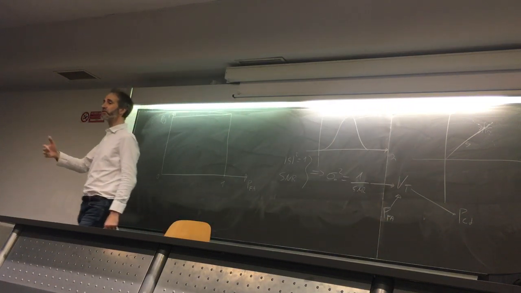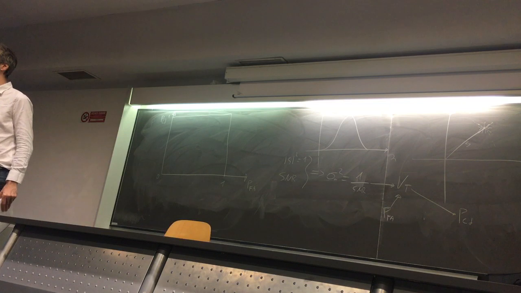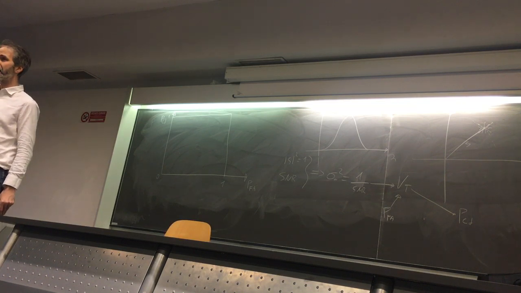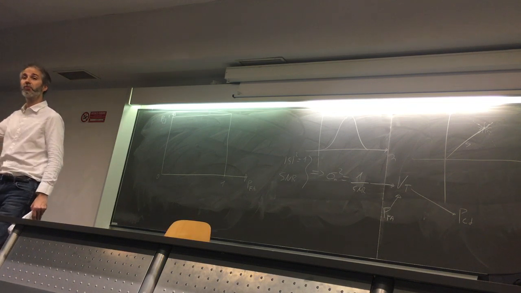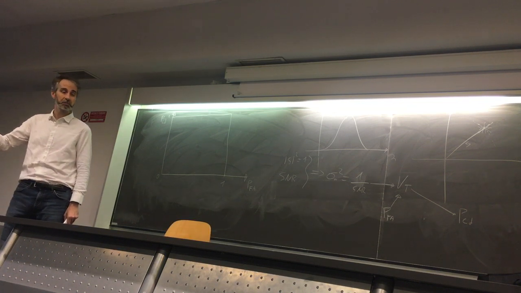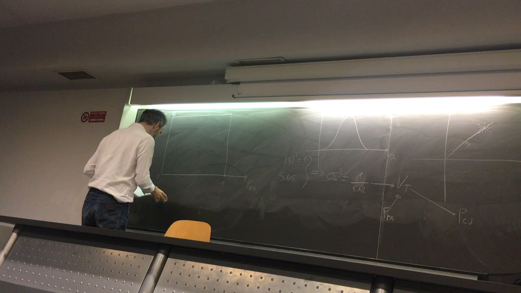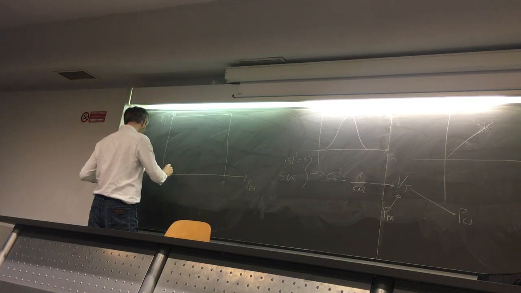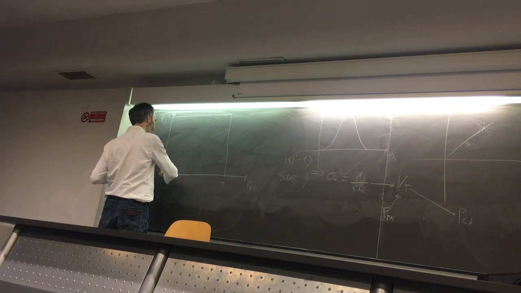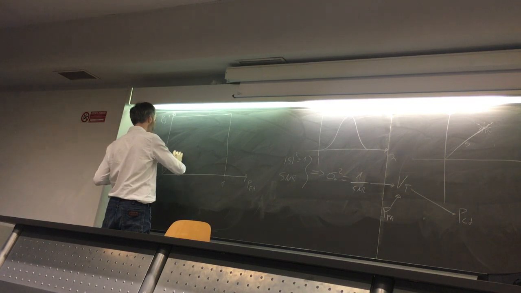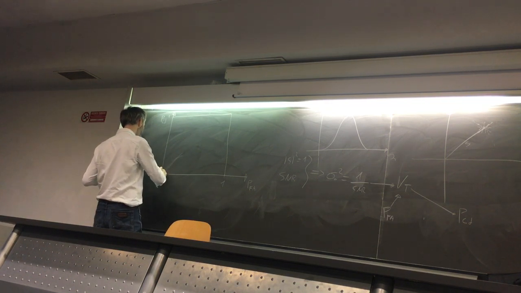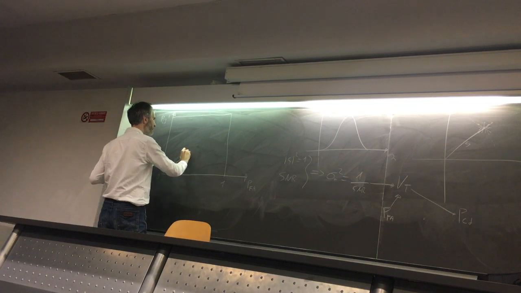So for any fixed value of signal to noise ratio, I can calculate the probability of correct decision as a function of the probability of false alarm. What I get is something like this. Around 5 or 6 dB, I should get something like this.